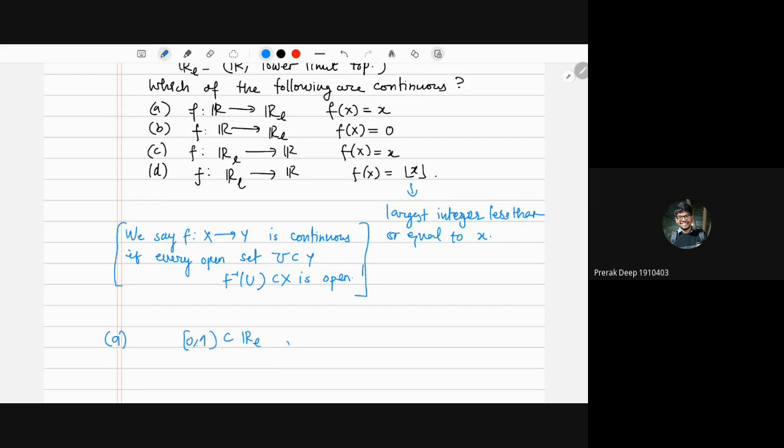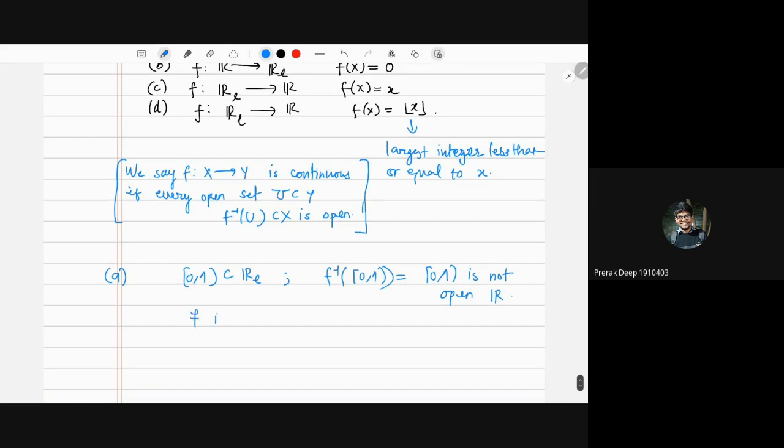Okay, if you take the pre-image of this interval, you will get back the same interval. Why? Because f is an identity map, but this set is not open in the standard topology of R. Okay, so this proves that f is not continuous.